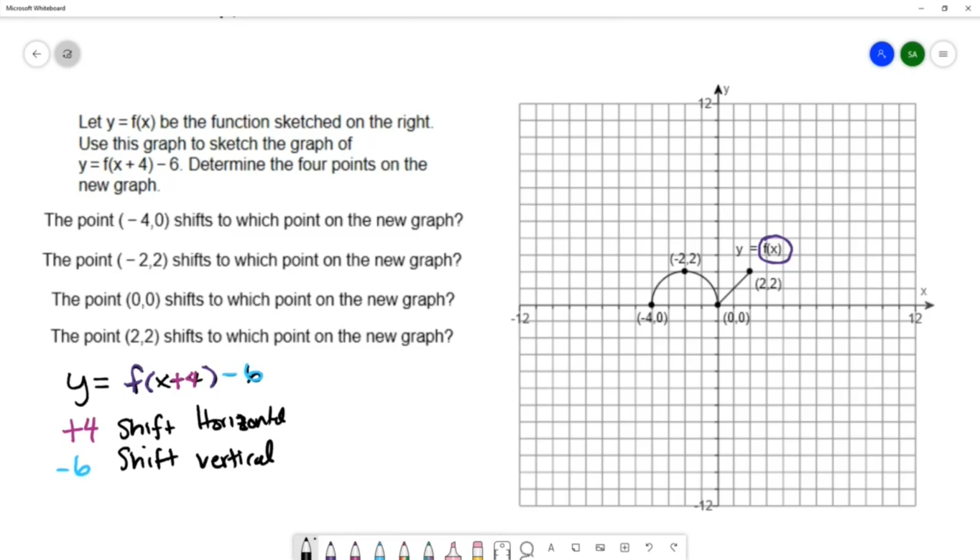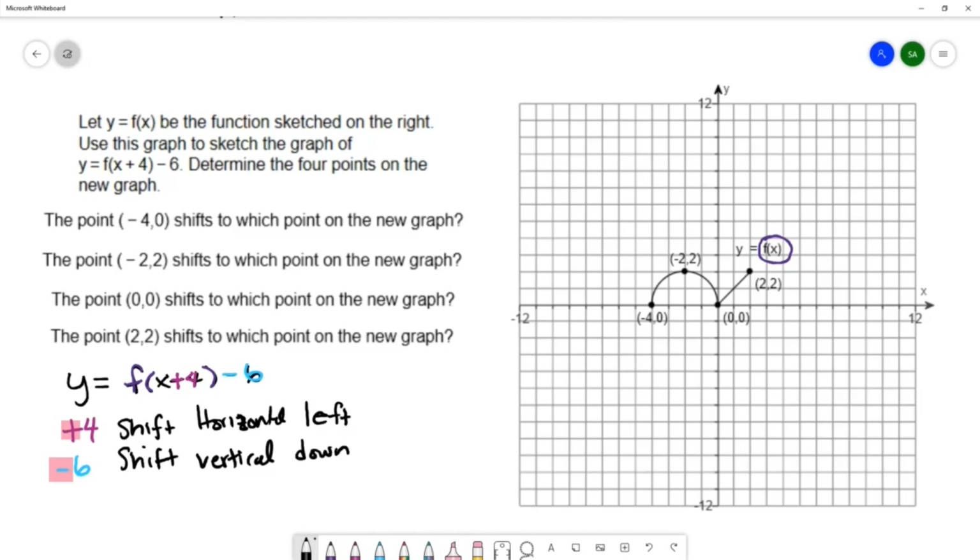Horizontal is either left or right. Vertical is either up or down. So for horizontal, we look at this plus sign, and because it's plus, we know that it's going to shift to the left. And with vertical being up or down, this minus sign is going to tell us to shift down.